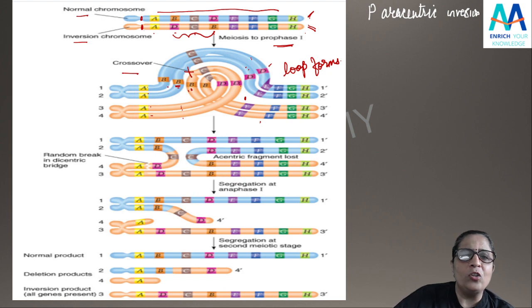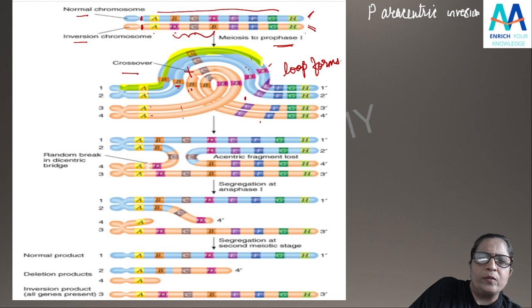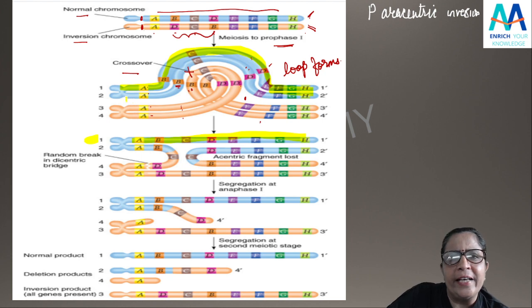Now see what the result of the crossover is. Listen carefully. The first one that I am telling you is the normal one, because it is not taking part in a crossover. So it will come as it is normal. You can see A, B, C, D, E, F, G, H. Now the second one is going to take part in a crossover.